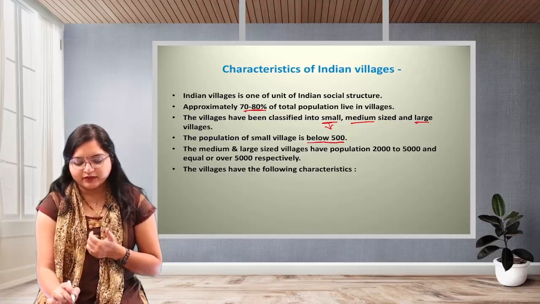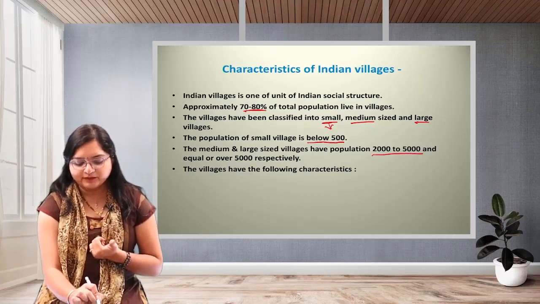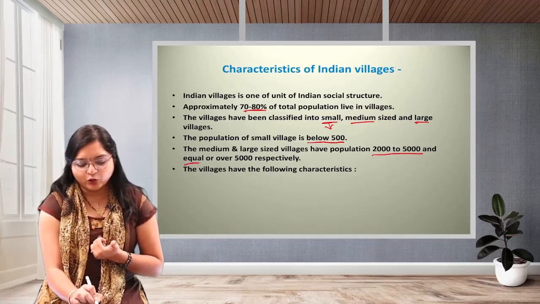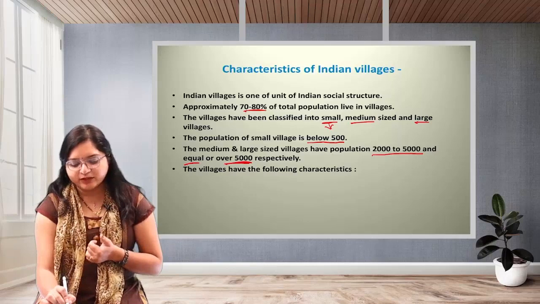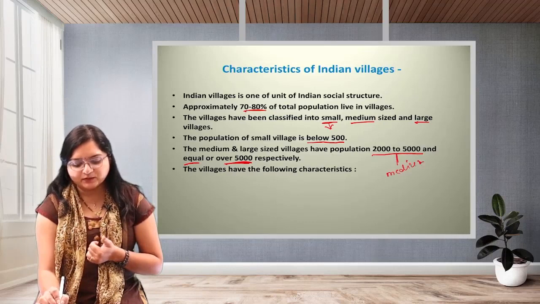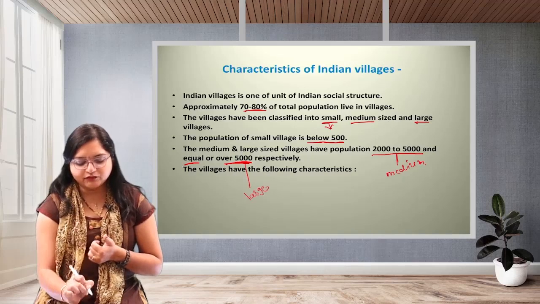Medium and large size villages have a population of 2000 to 5000 and equal or over 5000 respectively. So if the village population is 2000 to 5000, that will be known as medium, and if it is over 5000 or equal, then it will be known as large sized villages.